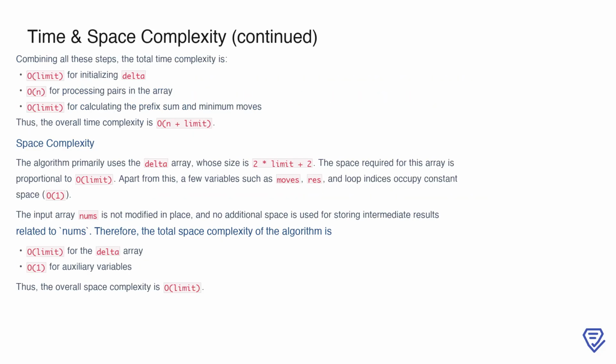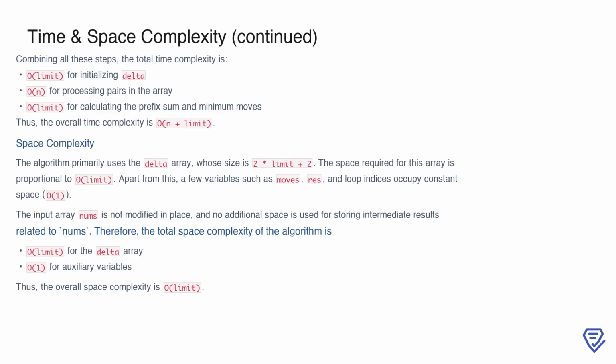When we combine the time complexities of the three steps, we get the overall time complexity of the algorithm. Initializing the delta array takes limit, processing the pairs in nums takes n, and calculating the prefix sum and minimum moves takes another limit. Adding these together, the total time complexity becomes O(n + limit).